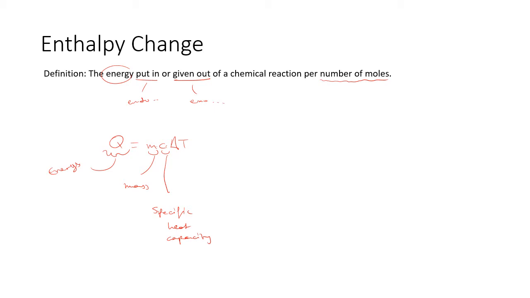It's the energy required to raise a given mass of something by 1 degree Celsius. Let's say the energy needed to cause 1 gram of water to rise in temperature by 1 degree Celsius, and this is why the units are joules per gram per degree Celsius.